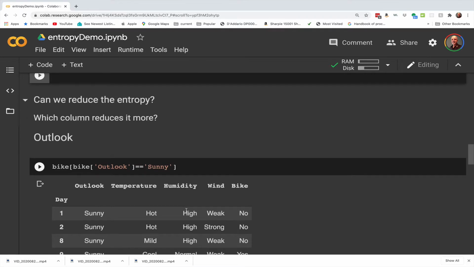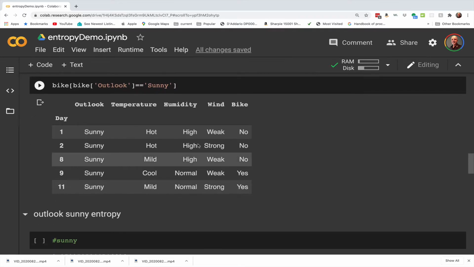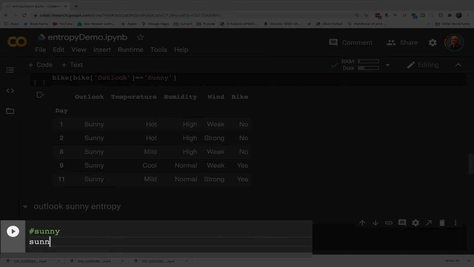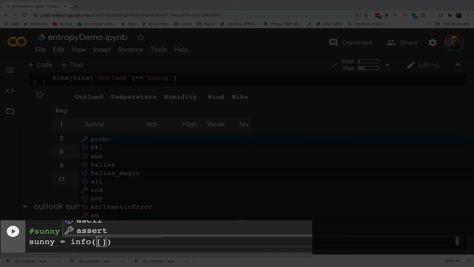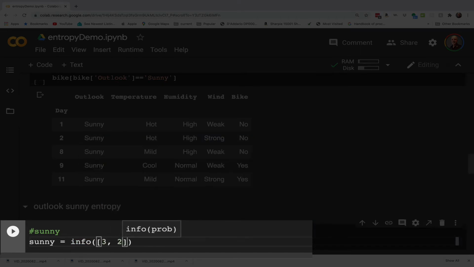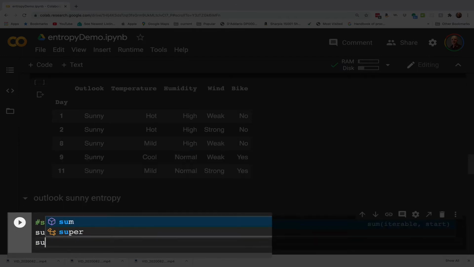And here I just got my little table of when it's sunny, so I can do some easy counting. And here we see there were 3 no's and 2 yeses. So let's put that in. So when it's sunny, that value is info 3, 2. Let me just print sunny just so we see what it is.